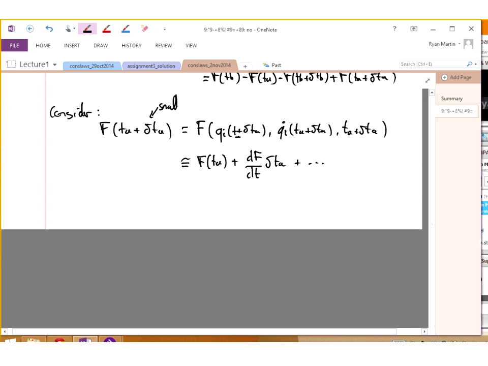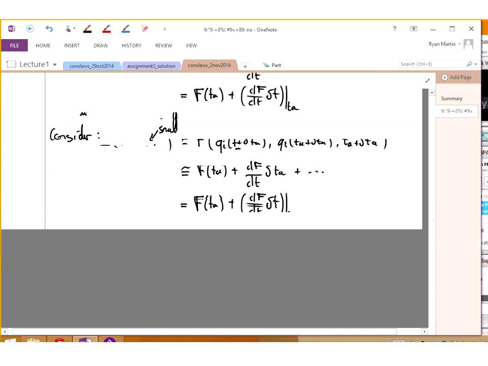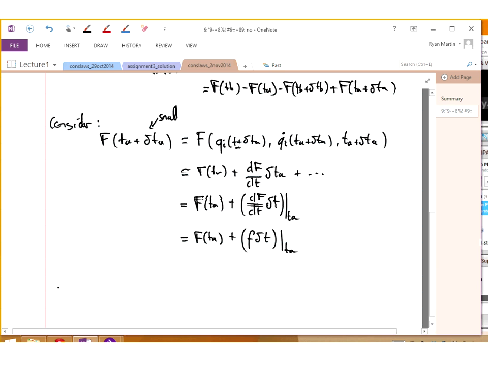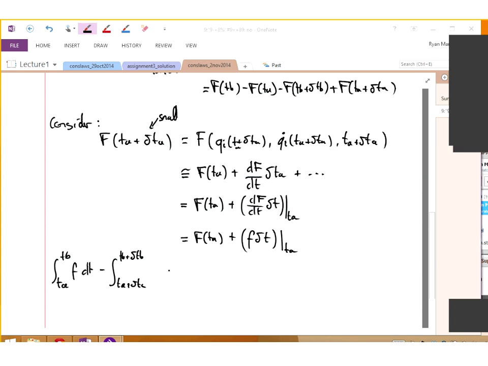So let's rewrite the expression we had above using what we just found. The thing we were calculating was the integral from TA to TB of f dt minus the integral from TA plus delta TA to TB plus delta TB of f dt.